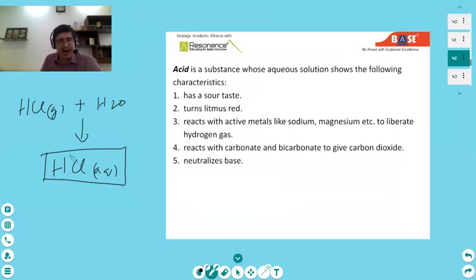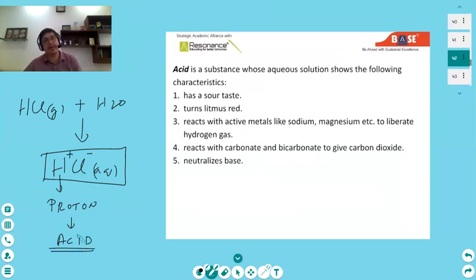When you add this into water, it splits as H+ and Cl-. This H+ is known as a proton, and this is responsible for the acidic nature of HCl, or this only gives rise to acids. So an acid is a substance which in aqueous solution breaks into H+. We will see that later also.